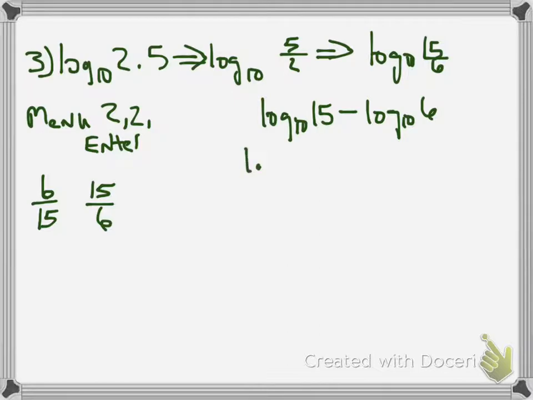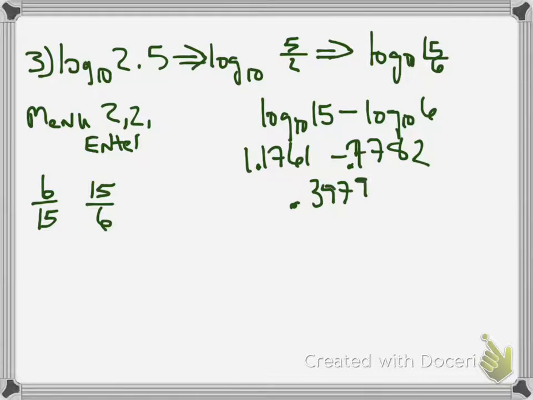And thus I can put in the decimals, 1.1761 minus the 0.7782, and get your answer in this case, which would be positive 0.3979.